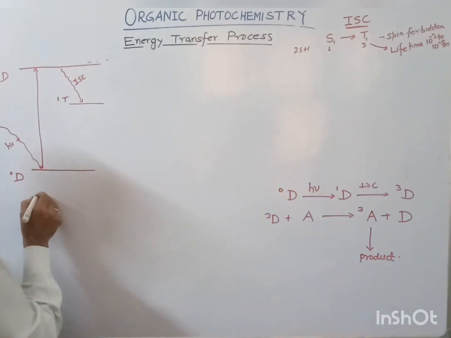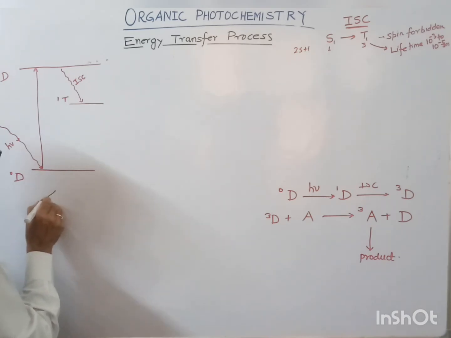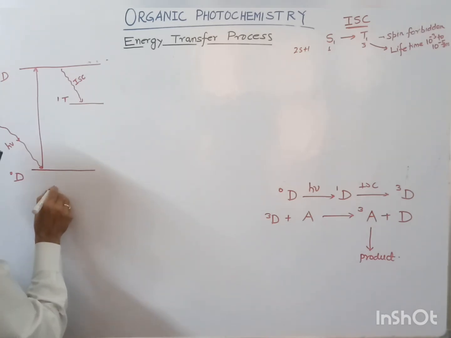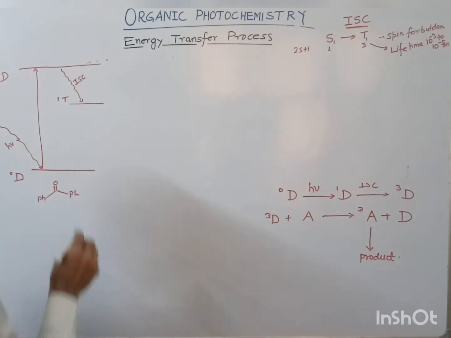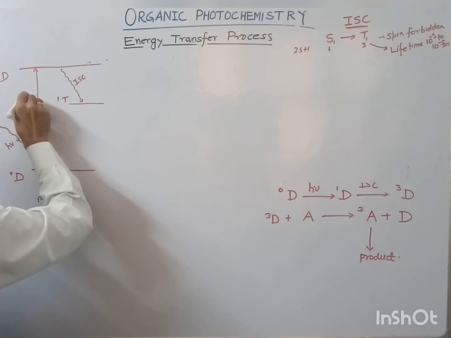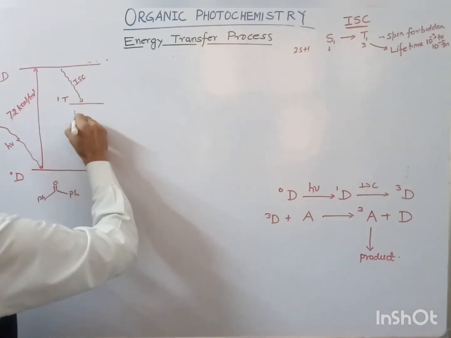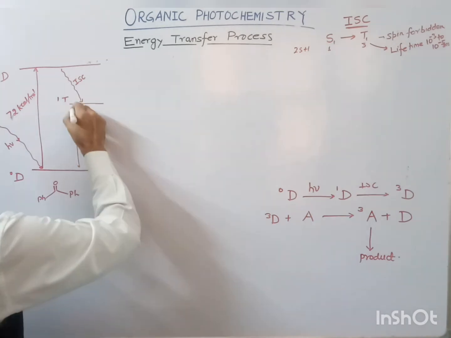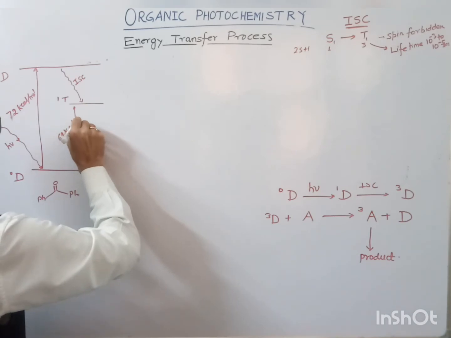So for benzophenone, if we take this donor molecule as benzophenone, the energy difference here is around 60 or 72 kilocalorie per mole, and this energy difference is around 69 kilocalorie per mole.